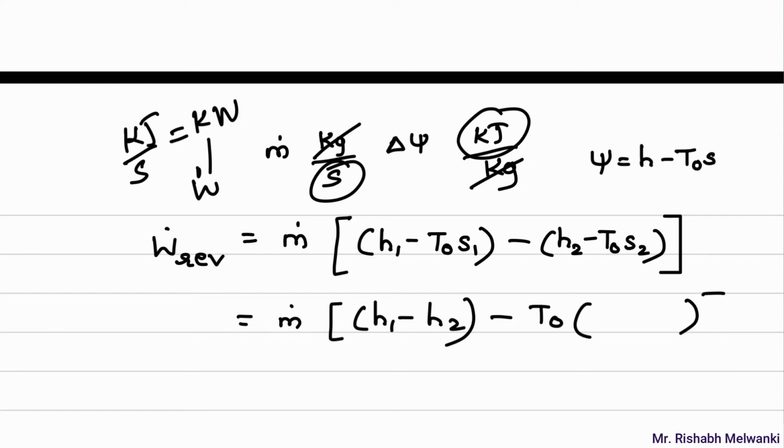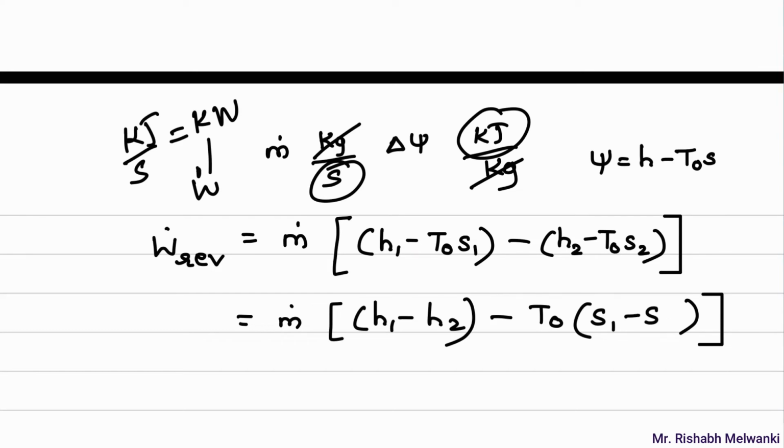What will remain in the bracket? This is minus T0 S1, and minus minus will become plus T0 S2. I have already taken the minus out, so here I will get S1 minus S2.